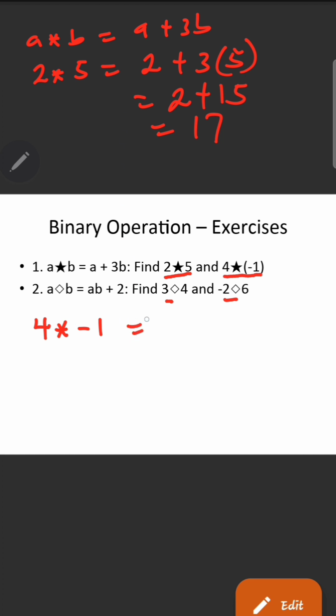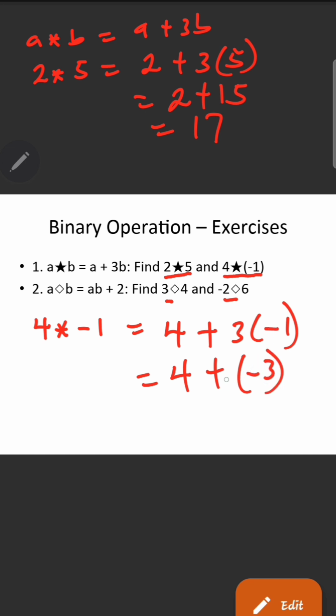You know it will give us 4 plus 3 into brackets minus 1, because minus 1 is representing B. So we are going to have 4 plus 3 times minus 1. That's minus 3. So now open this bracket. Minus times plus. That is minus. So 4 minus 3 gives us 1. So that's the solution to the second one.